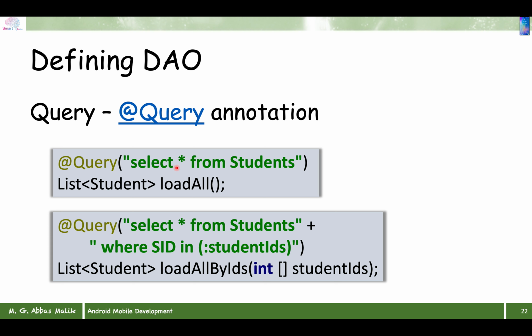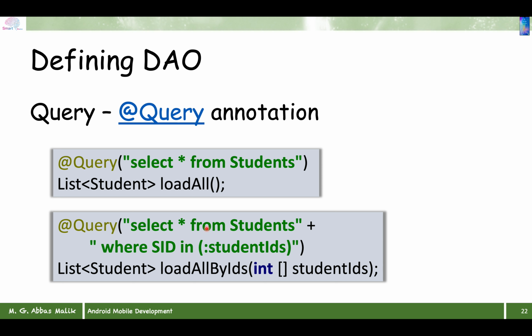So we can have some @Query. Here we say select all the columns from the students table, and it will return a list of the students. Similarly, we say select all the columns from the students where the SID is in that specific array. We are providing an array of integers representing the student IDs, and we are telling it that for all the student IDs present in that array, check in the students table.